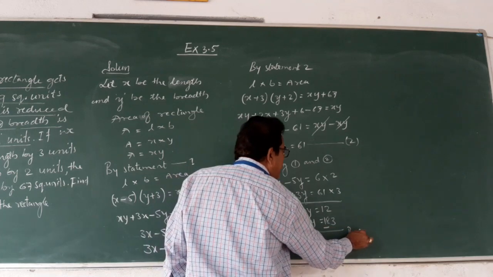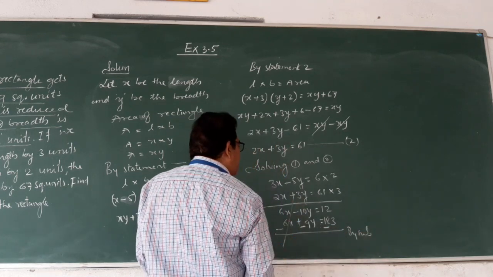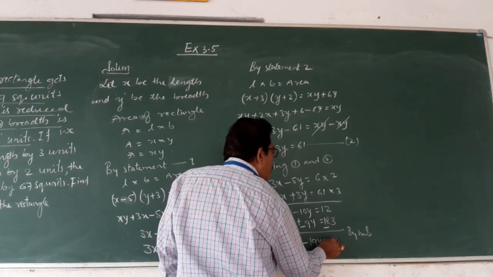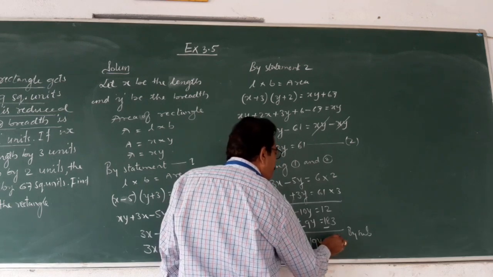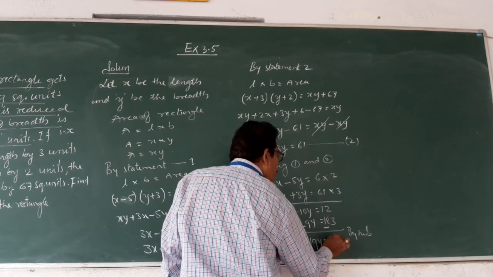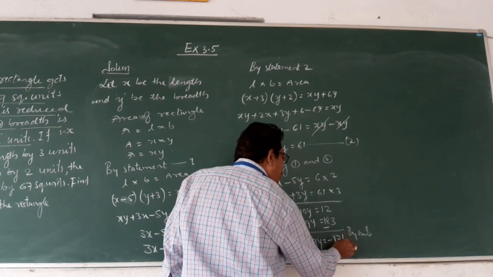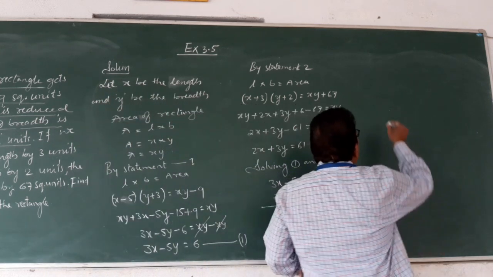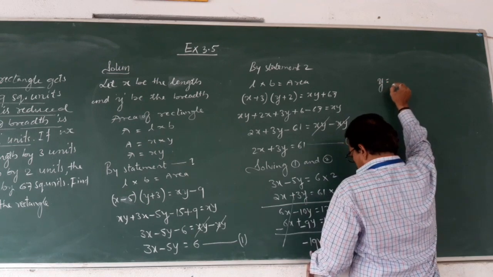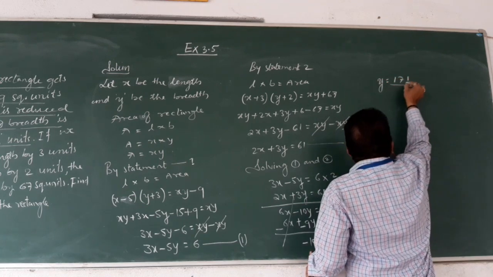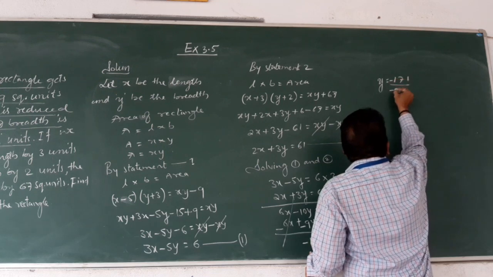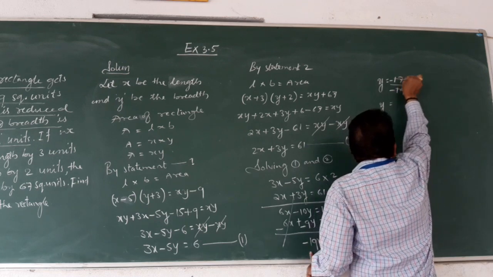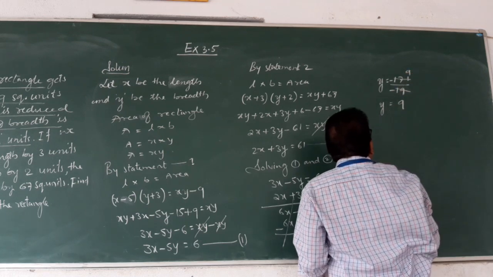By subtracting, 6x minus 6x gets cancelled. Minus 19y equals minus 171. So y equals 171 by 19. Therefore y equals 9.